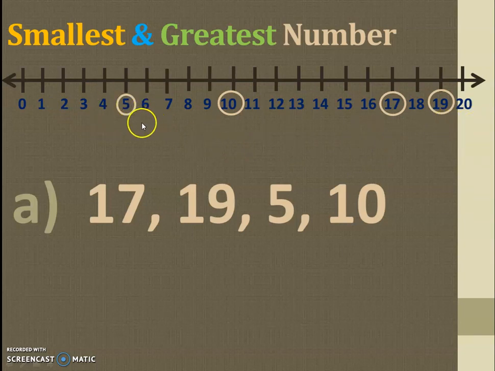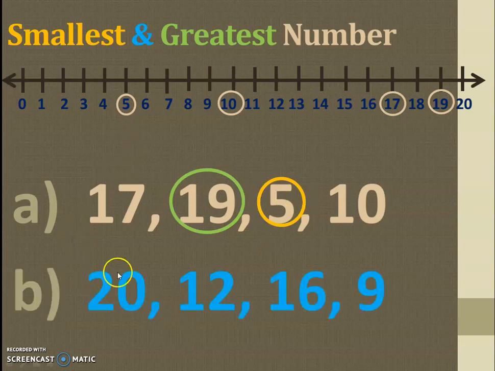They are asking only these two numbers. The first number is the smallest, which we mark in yellow. Among these four, this is the last number, the biggest number, that we are going to mark in green. That's all. This is the smallest and greatest number.